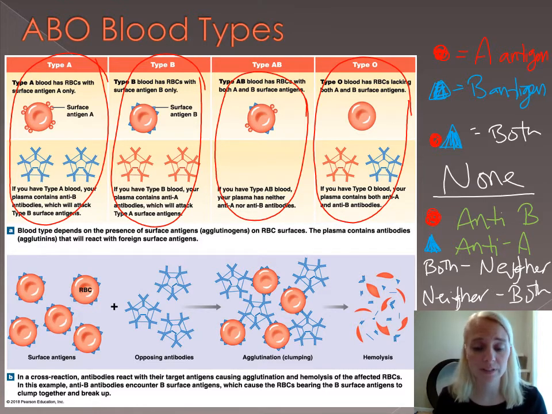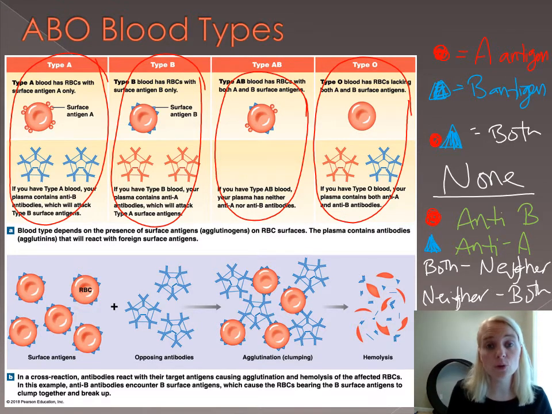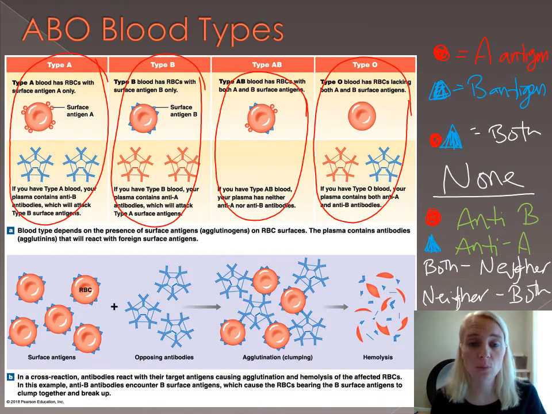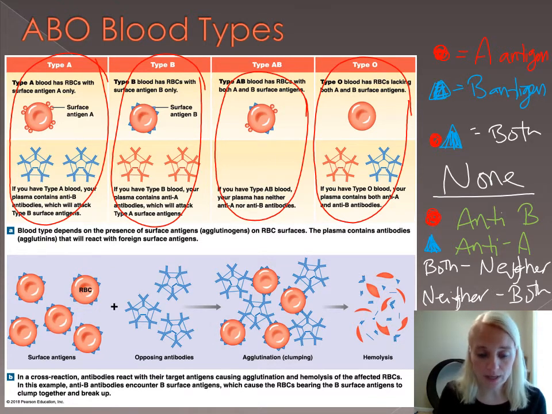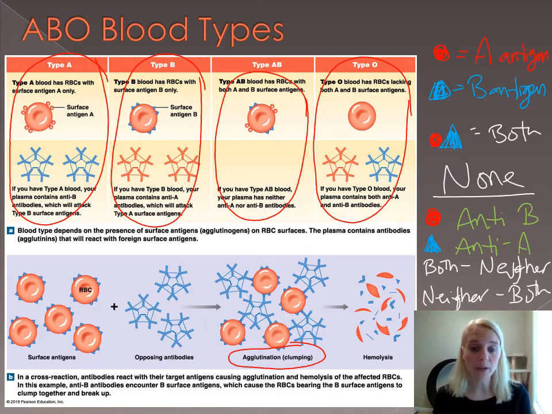I'm going to go through a couple of examples on the next slide. So what's the point? What's the big deal? Well, if you mix the same antigen with its matching antibody, what you get is agglutination, which is basically clumping.